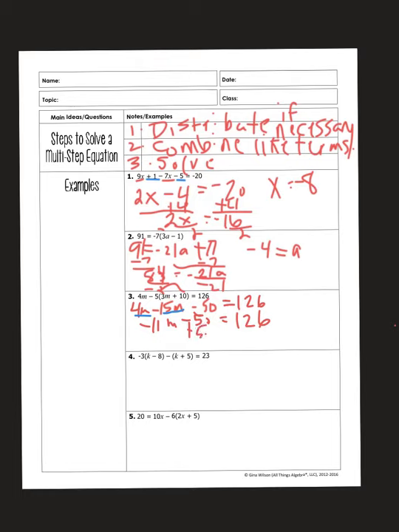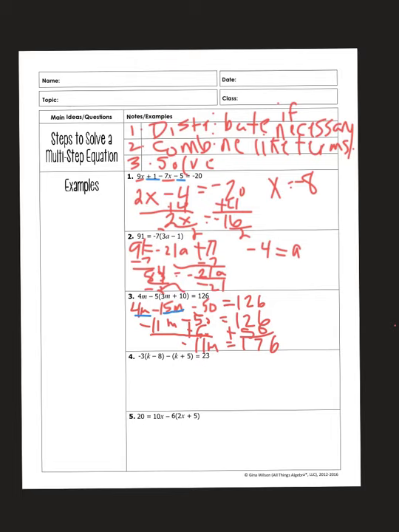Add 50 to both sides. So we have negative 11m equals 176.